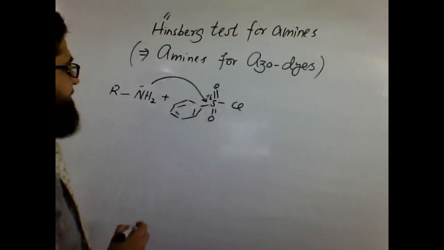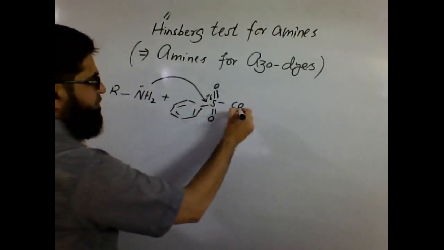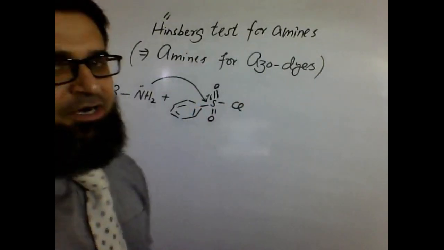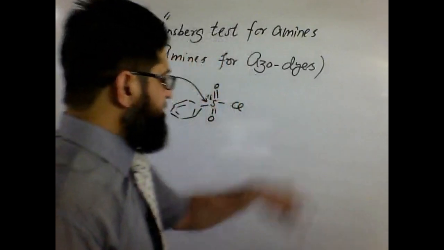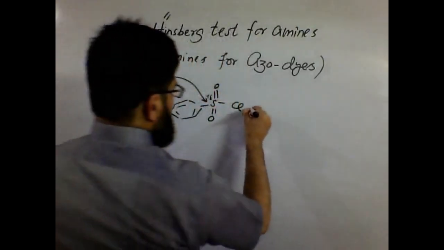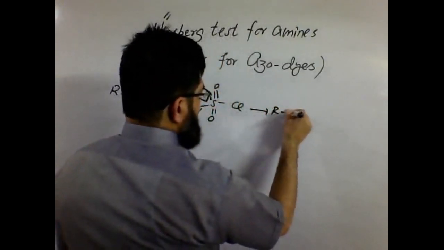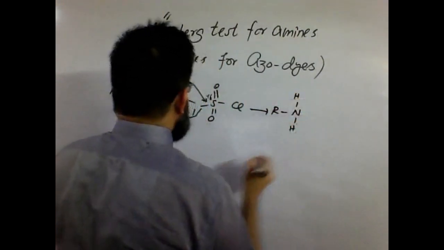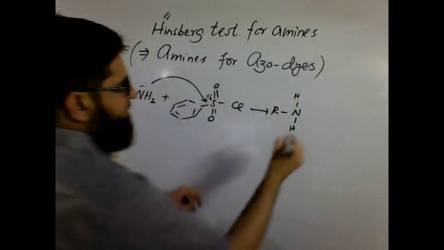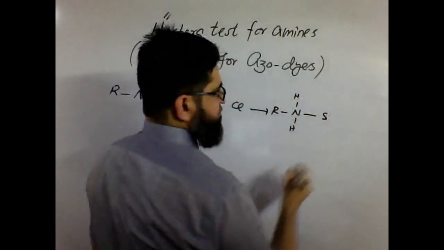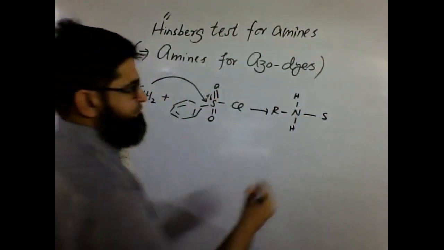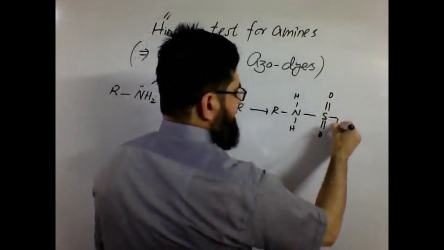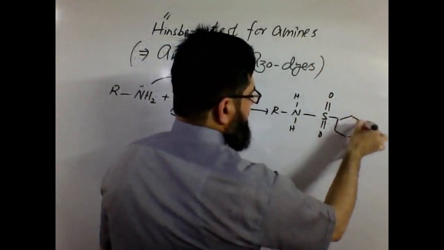At the same time, this chloro, being electronegative in nature and a good leaving group, leaves from here. So what happens? We will have a sort of a product. Here is the amine, the original, and its lone pair attacked the sulfur, so it will look like this one. Here are the oxygens. Here is the aryl unit.